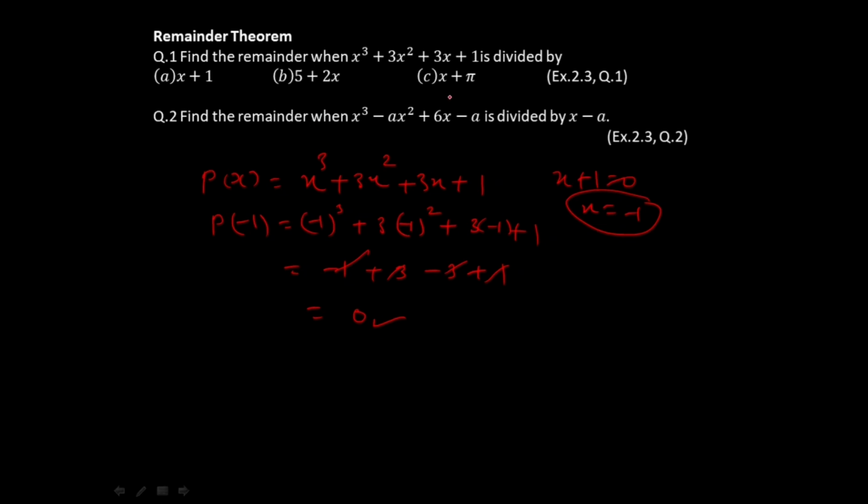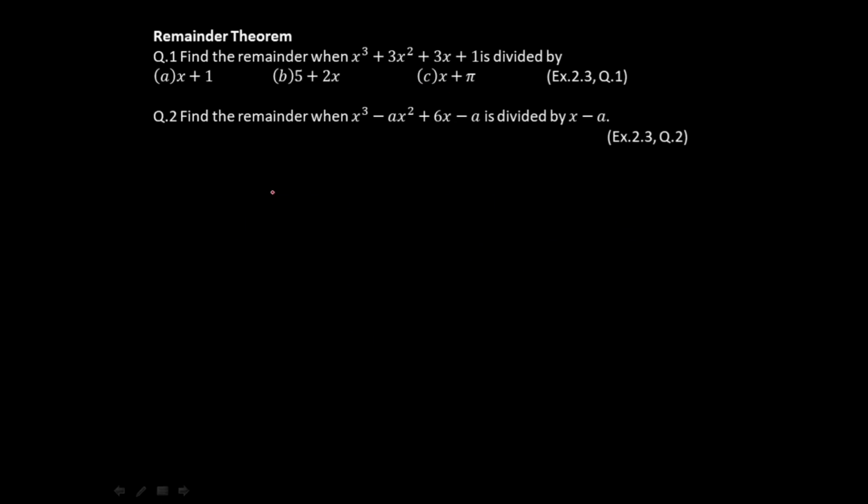Next one, same question. I'm picking now question number 3, part C. I'm not taking the second part, that is for you. Third part, same thing, you can assume the given polynomial anything. I assume q of x is x cube plus 3 times x square plus 3x plus 1. This time I will replace x by which value? Let's see. That value will be negative pi.